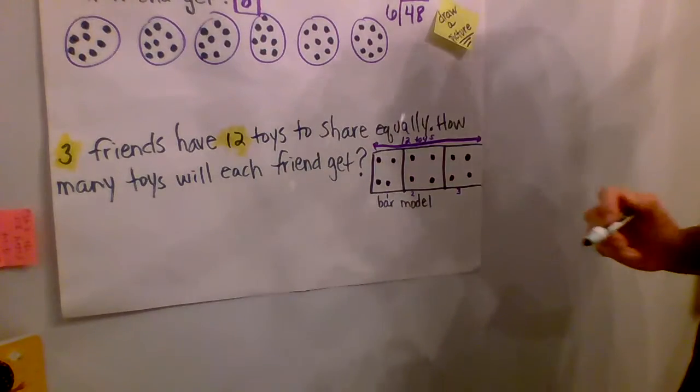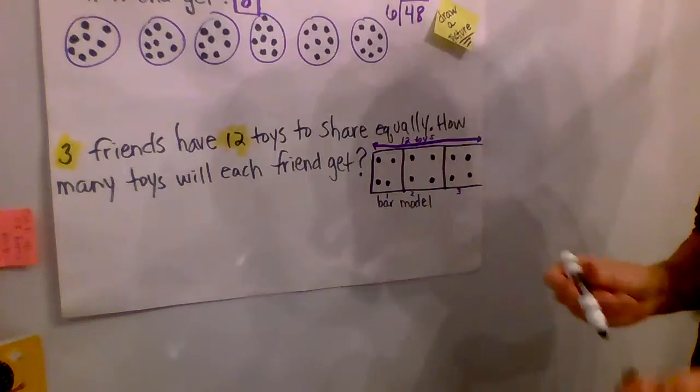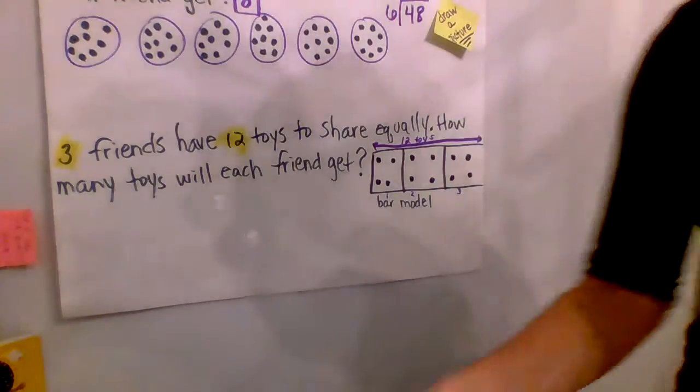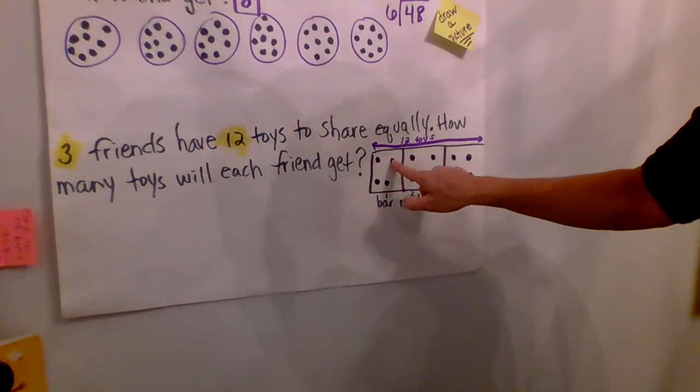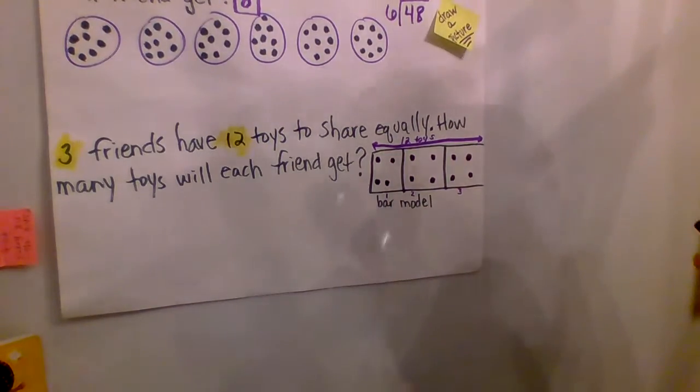Okay? How many groups are there? 3. How many toys will each person get? 1, 2, 3, 4. Each person is getting an equal amount. They're getting 4 toys each.